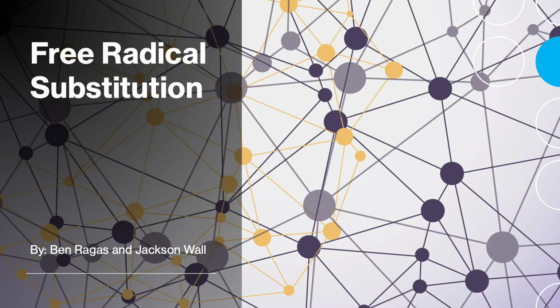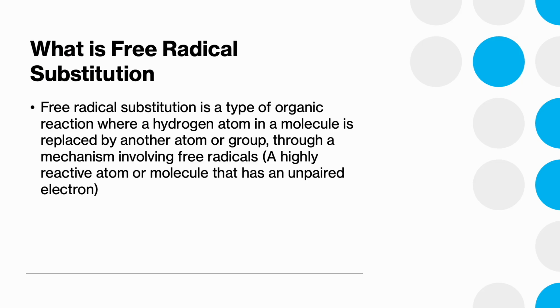Okay, what's up, everybody? Today we're going to be talking about free radical substitution, and I'm just going to explain what free radical substitution is and what it's used for. So, first off, what is free radical substitution?